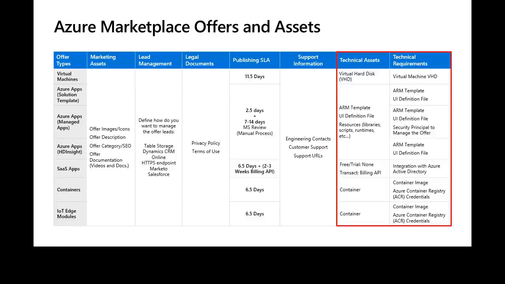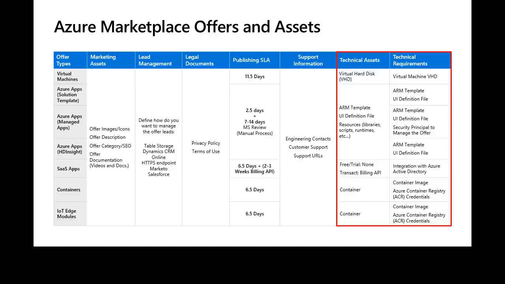So the publishing SLA is basically the amount of time from when you click publish, and then Microsoft takes it from there, reviews the solution, and performs the tasks of certifying, validating, and delivering those solutions to all the regions and data centers that you choose to have your solution sold.